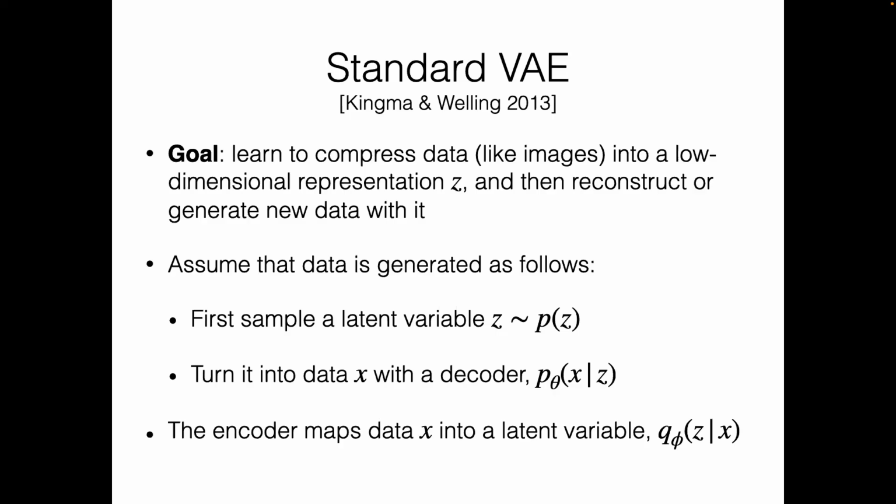And the encoder is something which maps this data x into the latent variable. Now we can introduce some notation. Our decoder will be p theta, our encoder will be q phi. These are just different parameters. And then p of z is usually called the prior distribution.